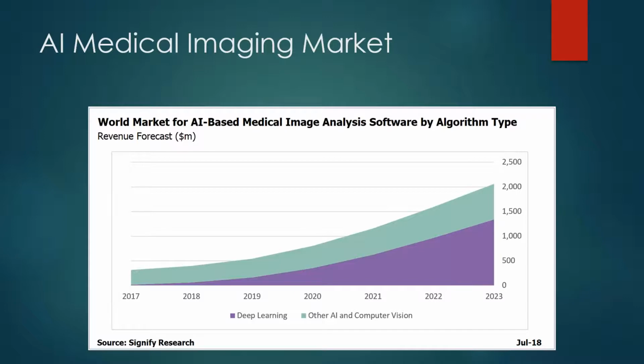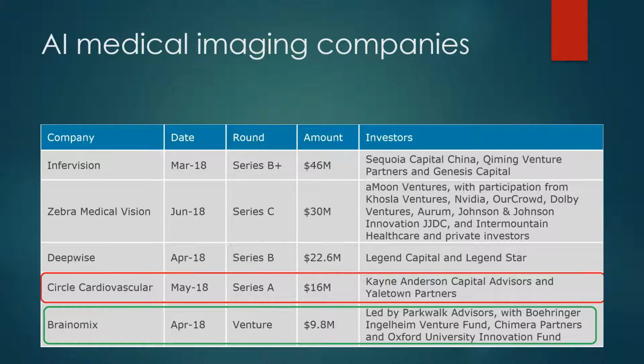So again, using AI to help doctors is not a new idea. You can see the AI-based medical imaging market prediction from 2017 to 2022, 2023, growing to about $20 billion. Also, there are a few AI medical imaging companies.